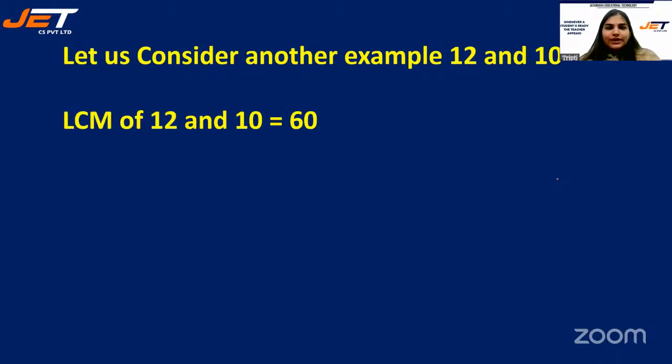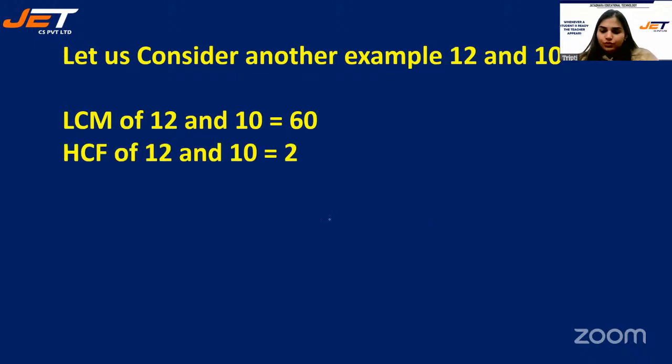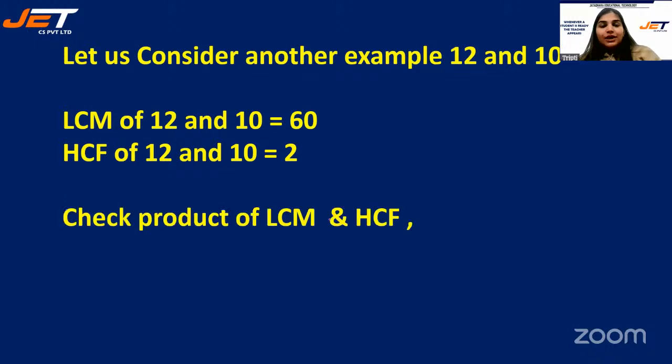Right? If we talk about 12 and 10, the LCM of 12 and 10 is 60. And the HCF of 12 and 10 is 2. Now, we will find the product of their LCM and HCF.